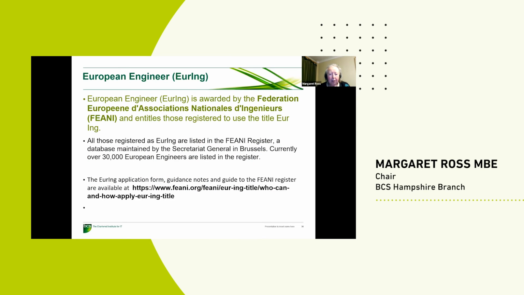Now the EUREng is run by FEANI. You get this title, as we've said, and the EUREng has its own application form, which is a straightforward one. Unfortunately, it's about £200 to apply, but the cost of keeping it up to date is about £40 every 5 years, so it's very low cost.